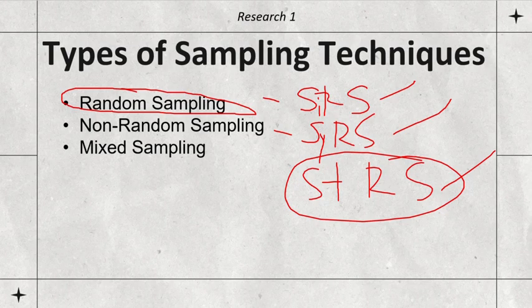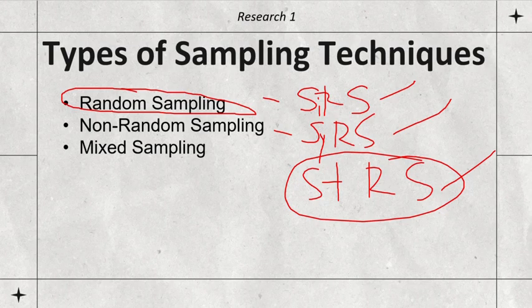Okay, again, for simple random sampling, everyone has an equal chance to be selected. In systematic random sampling, there is a sequence, for example every third, every fourth, every fifth of the list of students enrolled in a certain subject.